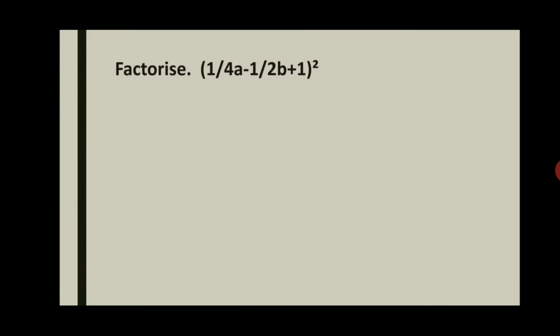factorize 1 by 4a minus 1 by 2b plus 1 whole square. How can we factorize this? 1 by 4a minus 1 by 2b plus 1 whole square.